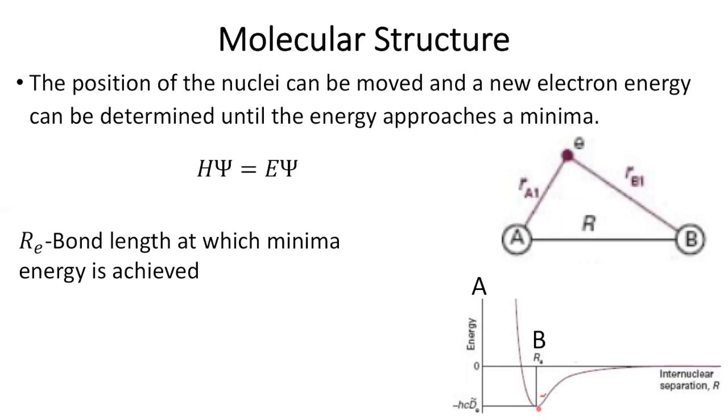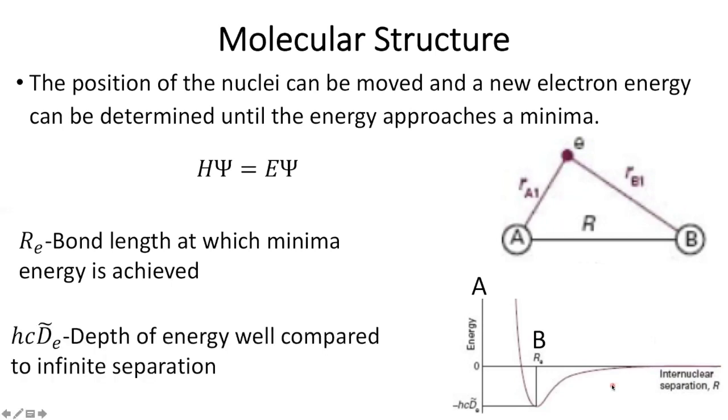Now, where this is also useful is that if I know the energy at which this species at equilibrium exists relative to infinite internuclear separation, so I take B and I move it way out to infinity, then we can find another useful property, which again is going to be the bond energy.